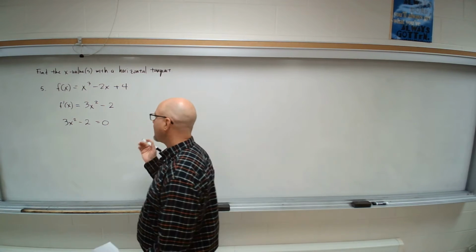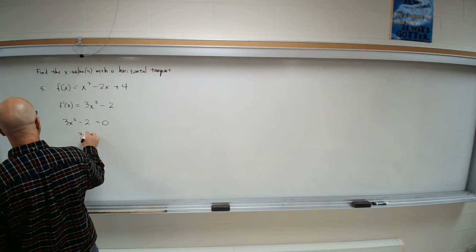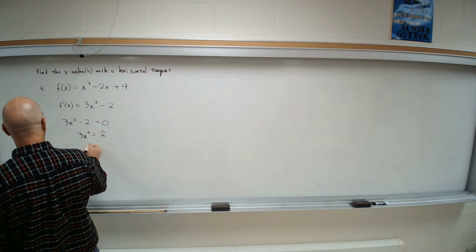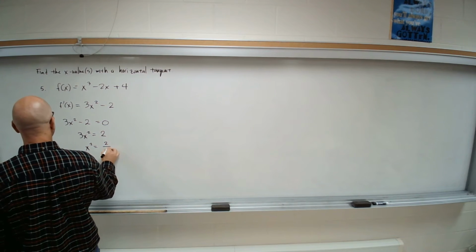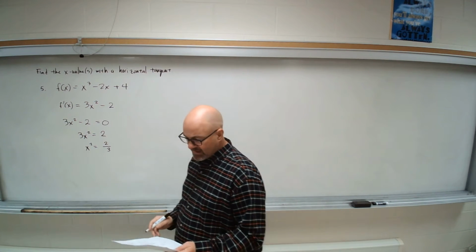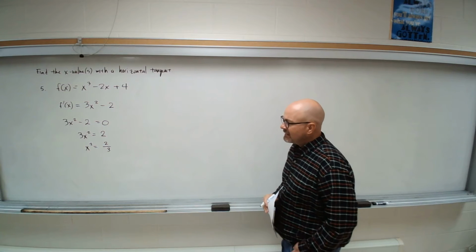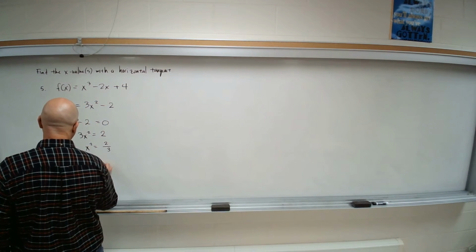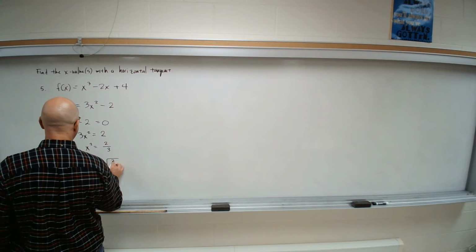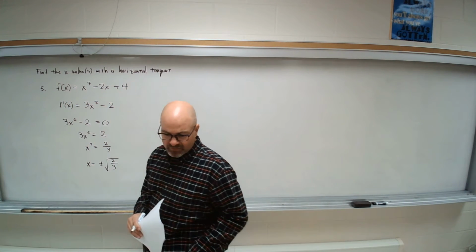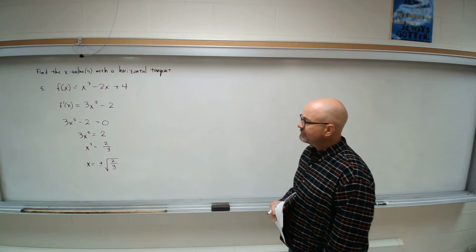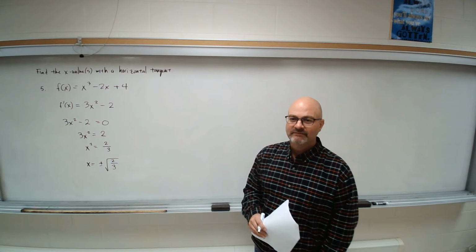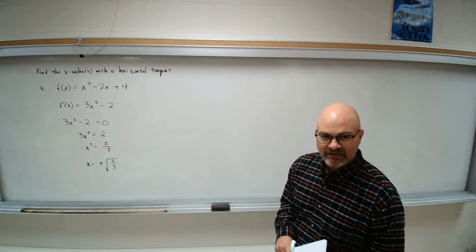So with this, add 2 to both sides. Divide both sides by 3. So we get x squared equals 2/3. Square root both sides. I had x equals plus or minus the square root of 2/3, which I guess we could rationalize. I was being lazy and just left it like this.